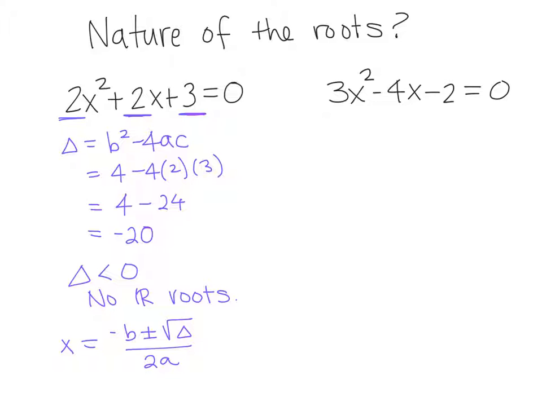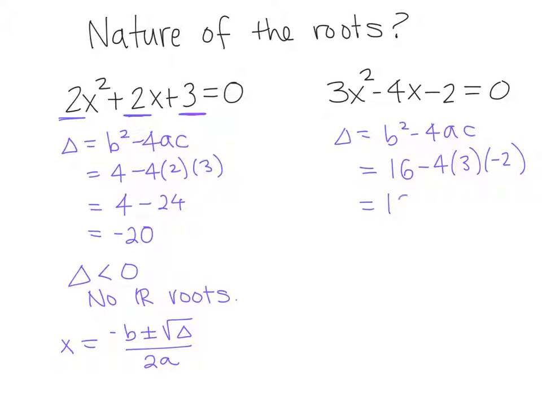We have delta is equal to b squared minus 4ac. B in this case is negative 4, so negative 4 squared, 16, minus 4 times 3 times negative 2.